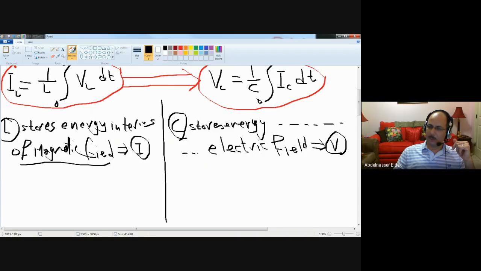In other words, we can say that the capacitor stores voltage, and the inductor stores current.